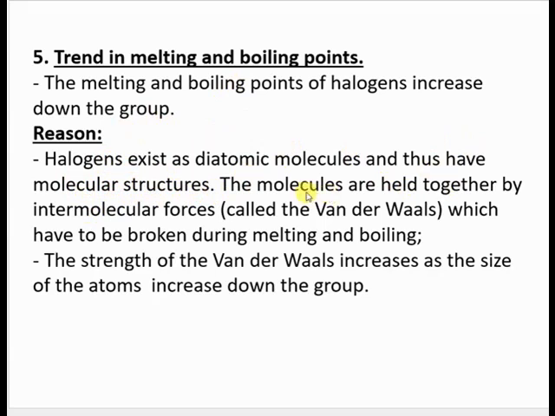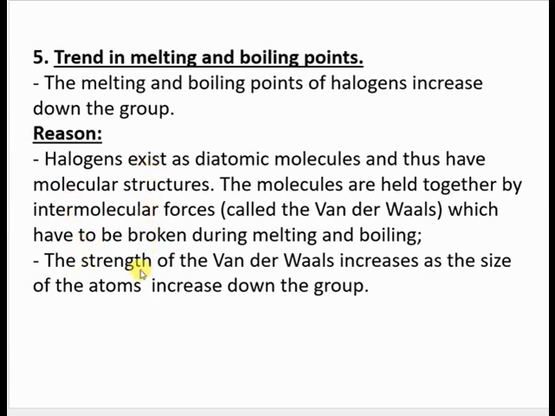The molecules are held together by intermolecular forces. The intermolecular force is the one we call the van der Waals forces, which have to be broken during melting and boiling. So what happens down the group as the atomic size increases?